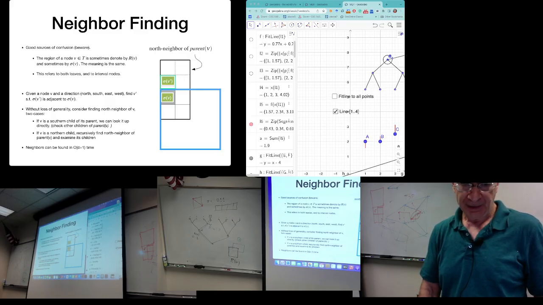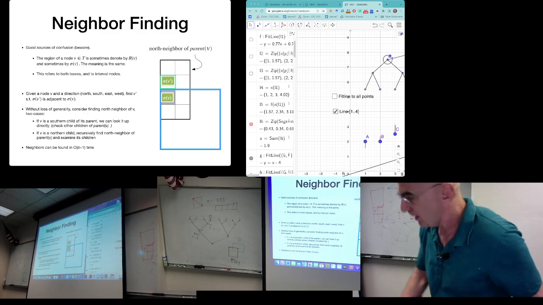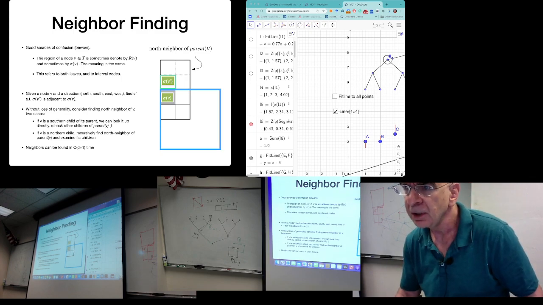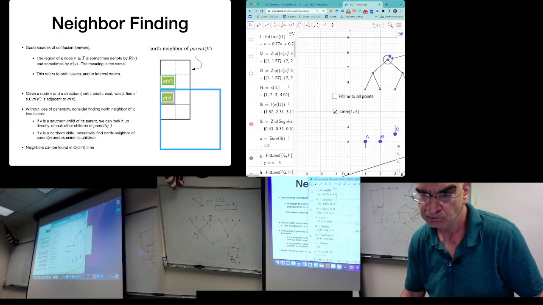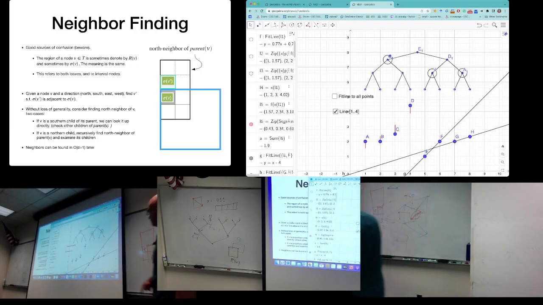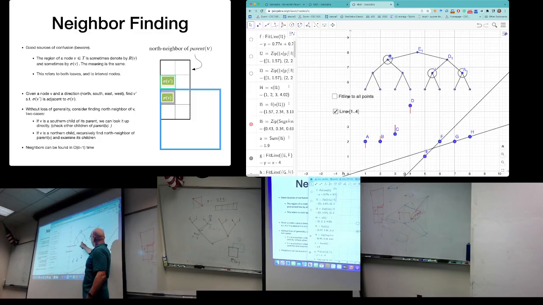I want to find the neighbors on the right side, and actually that's why I brought this guy over. So if I'm here and I want to find my neighbor on my right, I just go to the parent and ask who is my neighbor to the right, or the north, or the west, or the east.